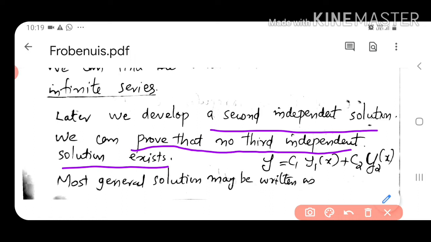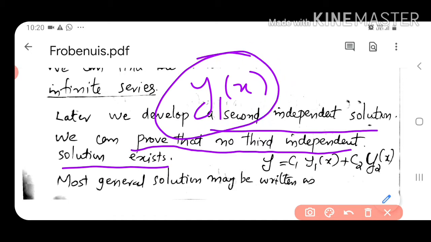So y1 of x is one solution. It may be in the form of a series. We are going to see the method to obtain one series solution, and we can obtain the second solution.